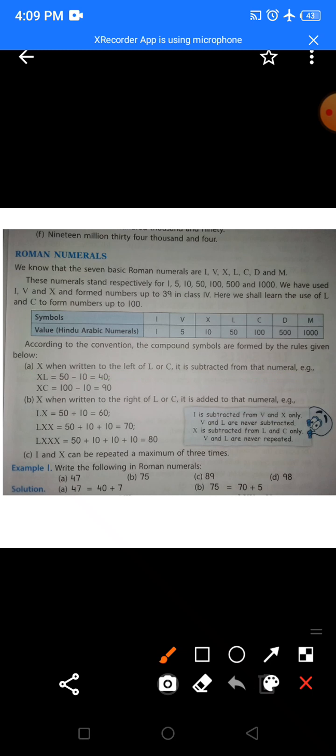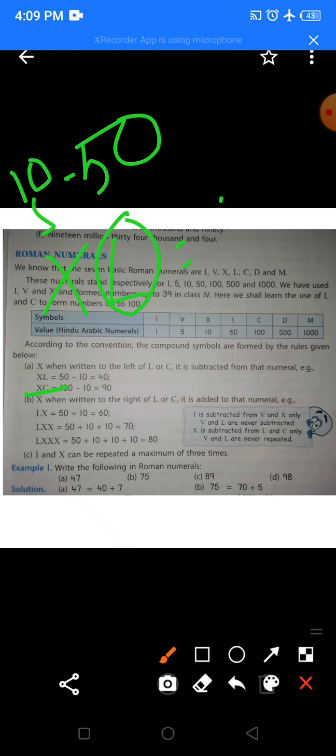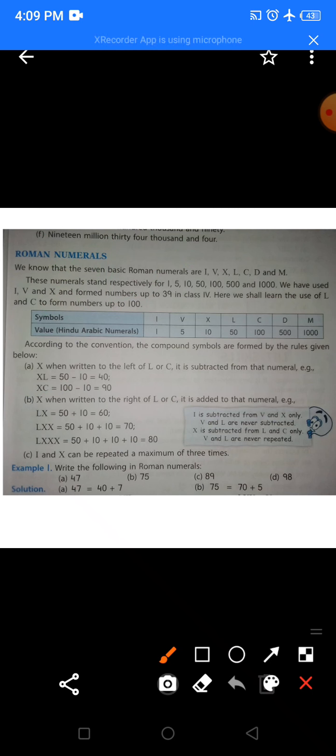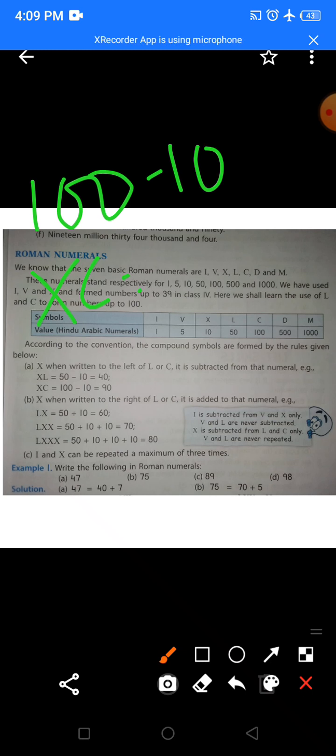Now look here, for example, XL: L is nothing but 50, X is nothing but 10. So you will just subtract it and it will give you 40. Then we have X and C, that is 10 and 100. So again you will subtract 10 and it will give you 90.